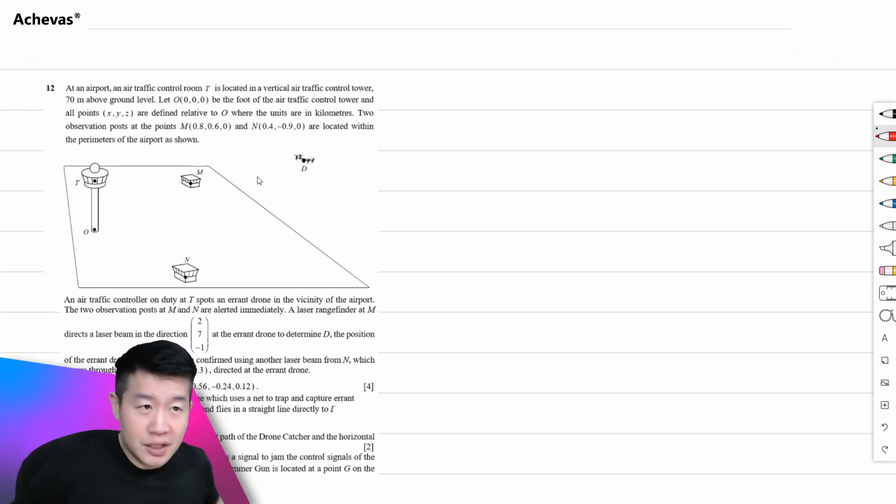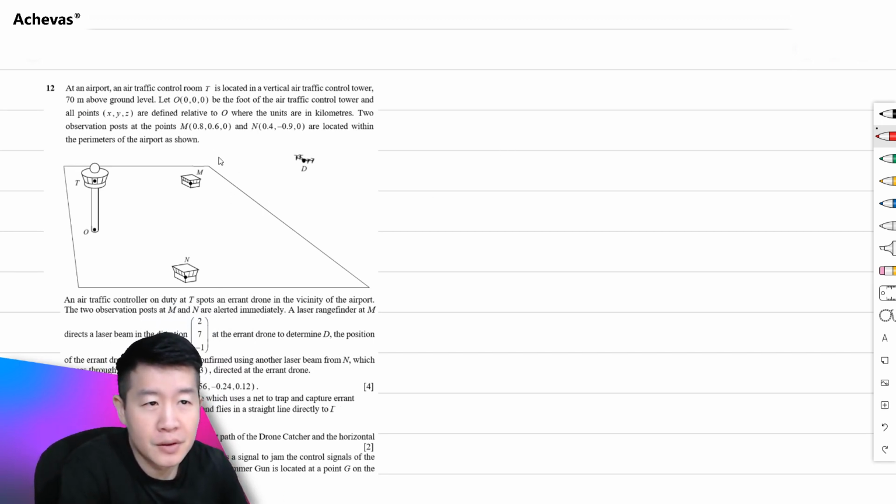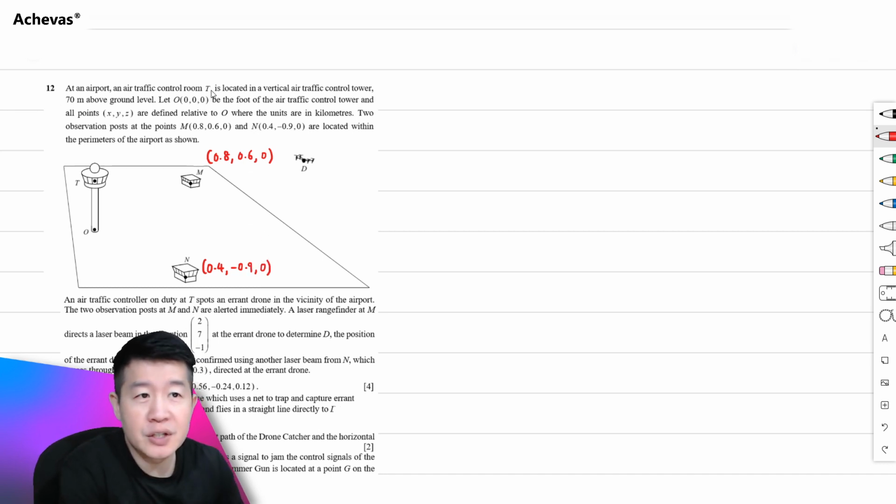So for this last question here, we have point M, which is (0.8, 0.6, 0), then point N, which is (0.4, -0.9, 0), and there is this point T. According to the question, T is on this control tower that is vertically above the point O, and it is 70 meters above ground.